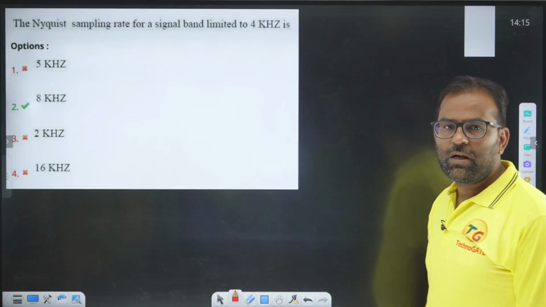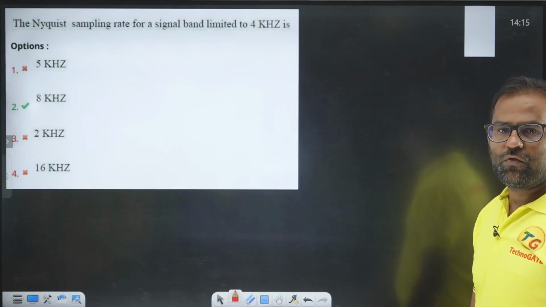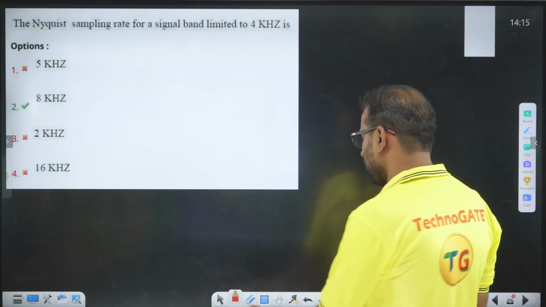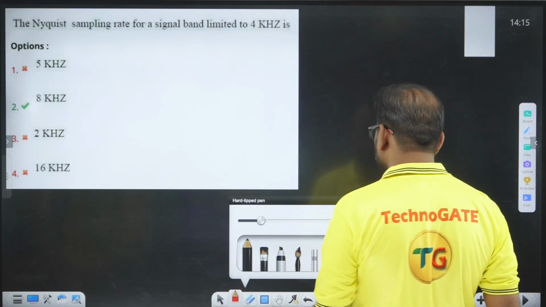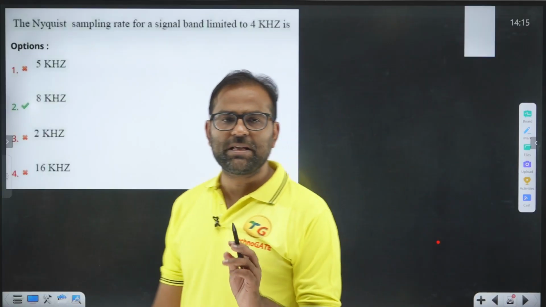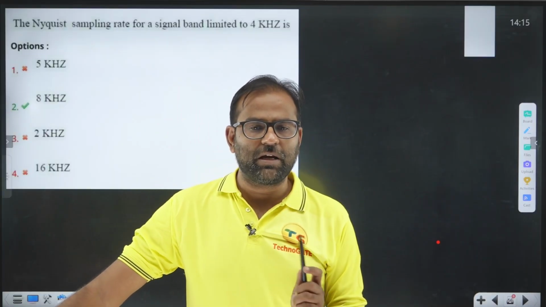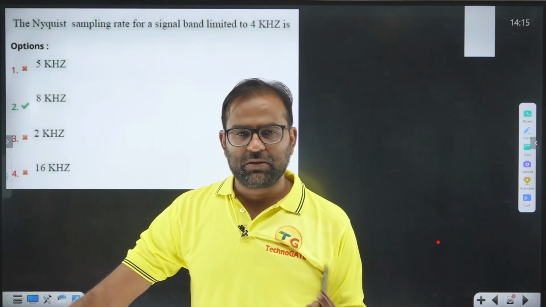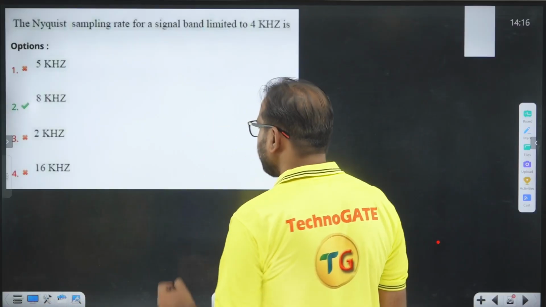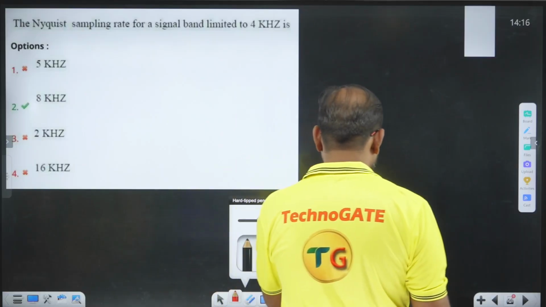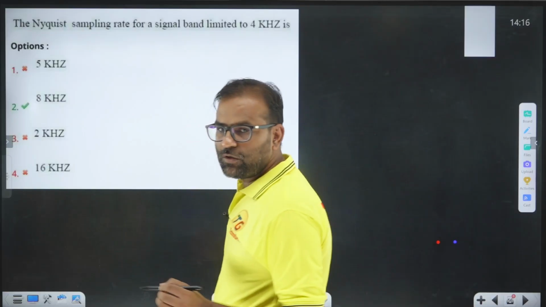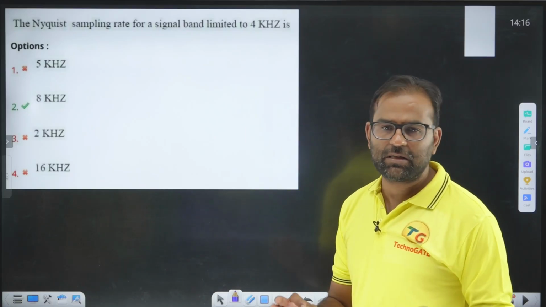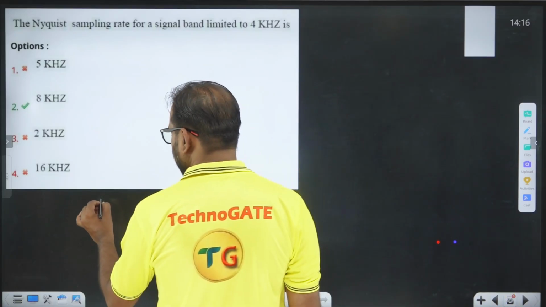Next, the Nyquist sampling rate for a signal band limited to 4 kilohertz. What does band limited to 4 kilohertz mean? It means the maximum frequency component available in the signal is 4 kilohertz. So what is the sampling rate? The sampling theorem is applicable only on band limited signals.